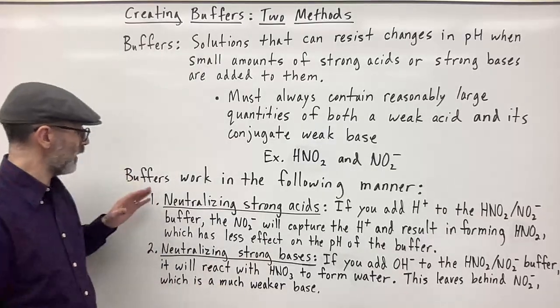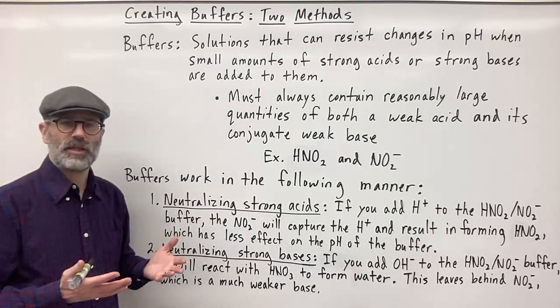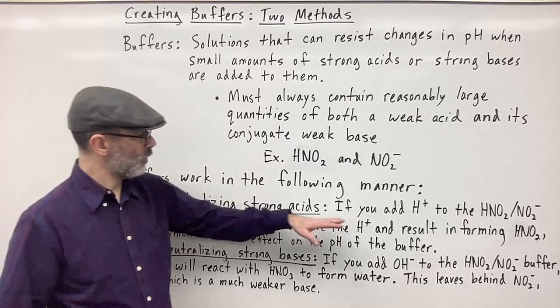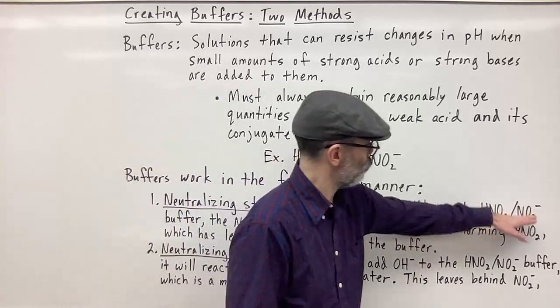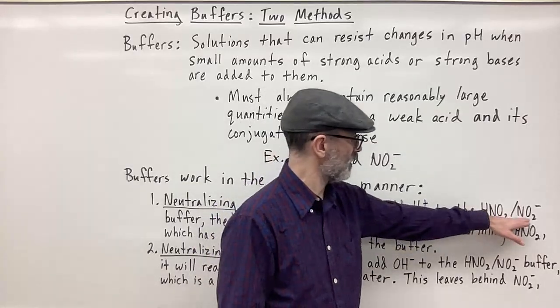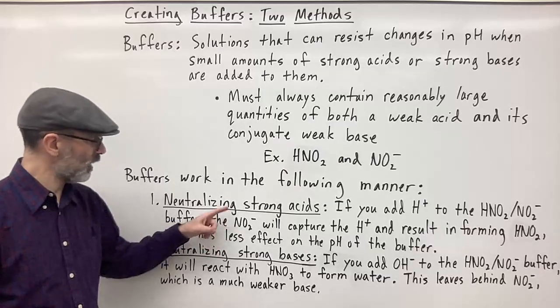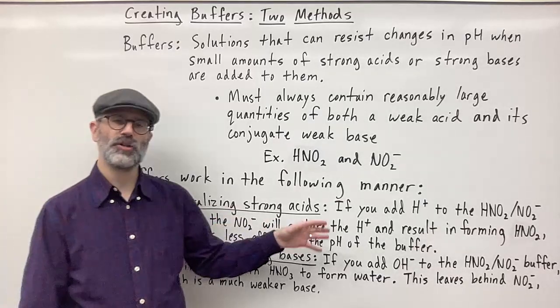When you add a strong acid to it, it's going to be neutralized by the buffer. How though? If you add H+ to the HNO2/NO2- buffer, the nitrous acid nitrite buffer system, the NO2-, the nitrite ions, will capture the H+.